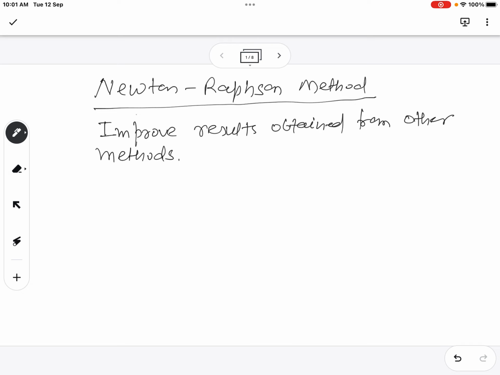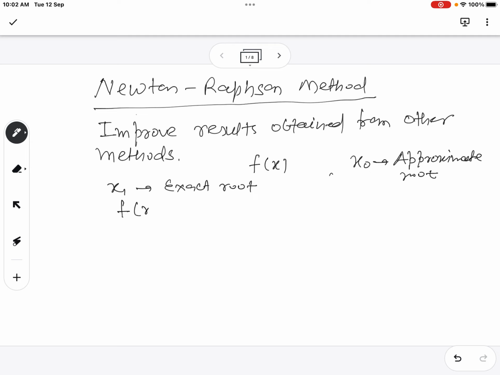Now let us consider that we have a function and x0 is an approximate root. Let us consider that x1 is the exact root of the function. It means that f at x1 is equal to 0.